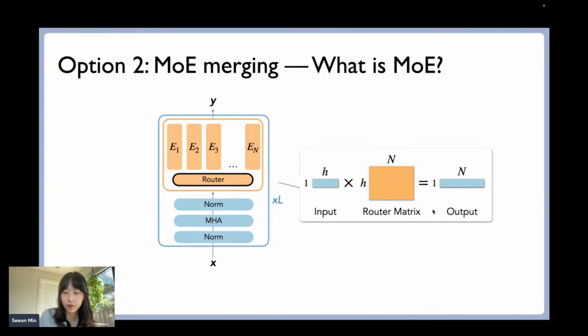And then if you do matrix multiplication, your output will be an n-dimensional vector. And then you can think of it as each number here represents how likely each expert should be chosen. So once you have this output vector, what mixture of experts would do is to take argmax k, where you find the indexes with top k scores and then activate them, whereas the other ones are not activated.